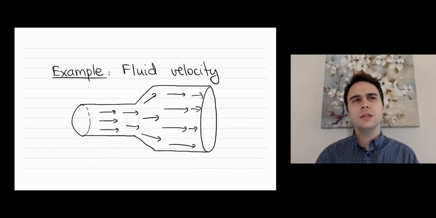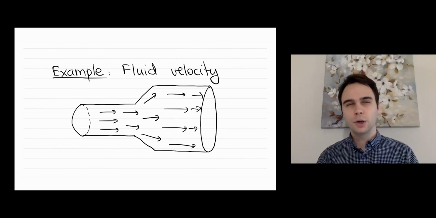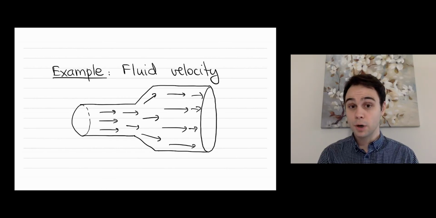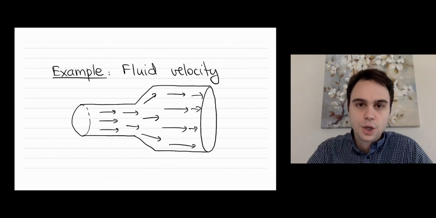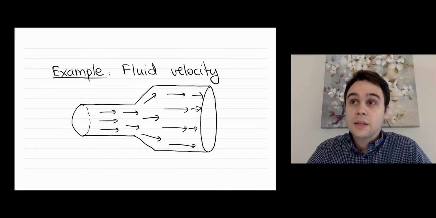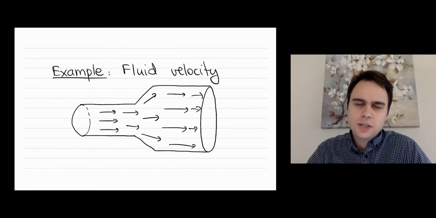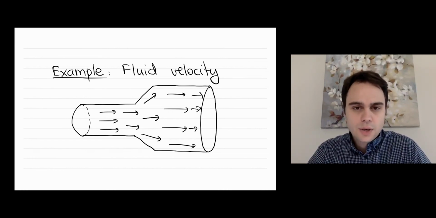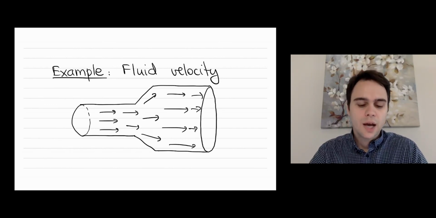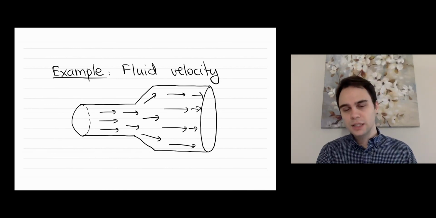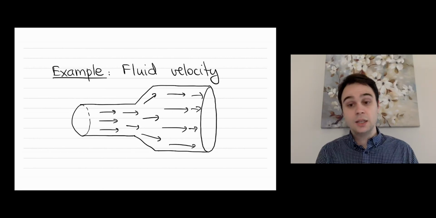These are particular combinations of the partials of P and Q, the components of the vector field in 2D.